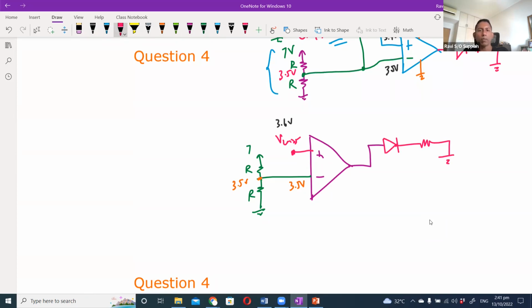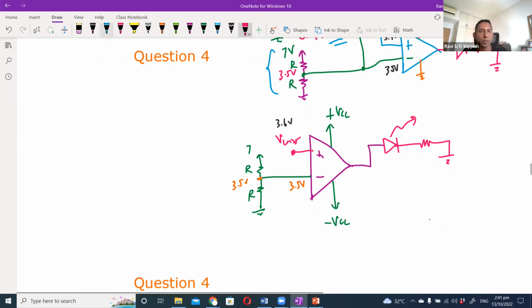Now, in order for this single op-amp solution to work, we must have a dual supply. So this will be plus VCC and this will be negative VCC. So when my V plus is greater than V minus, I will go to plus VCC, which will turn on the red LED.